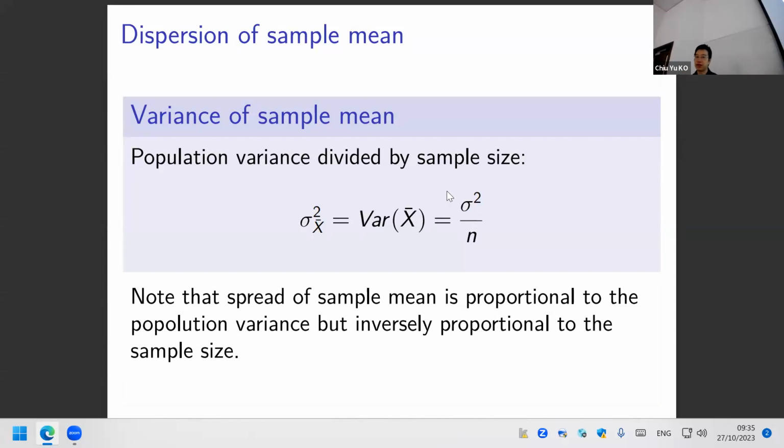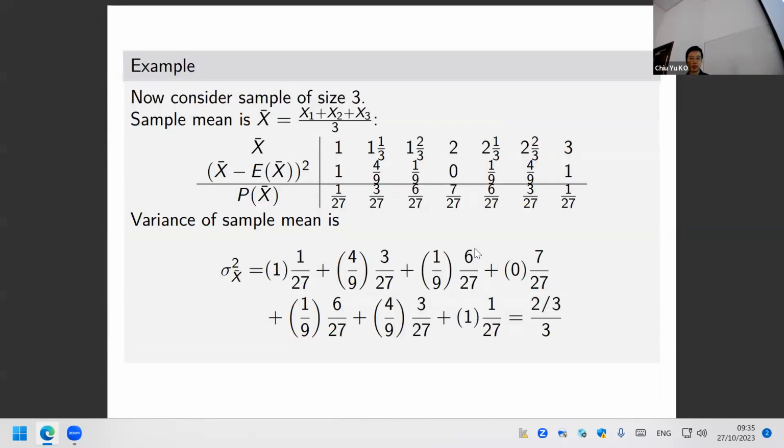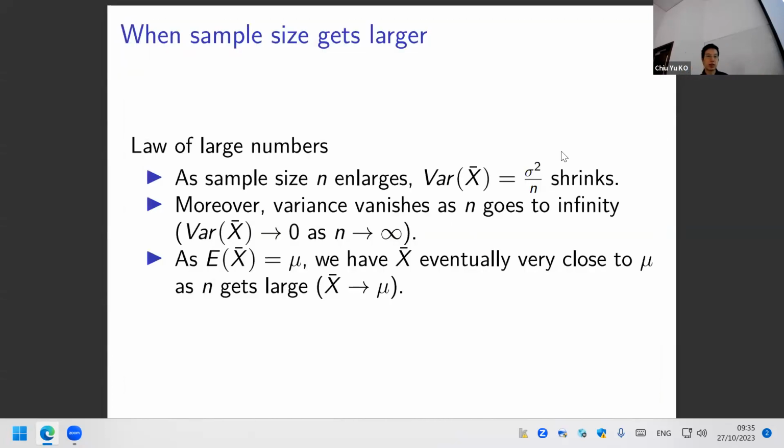And when n goes to infinity, there's no more variance. What the law of large numbers says is that when sample size gets very large, the sample mean will be very close to mu, and there's no more uncertainty there, right? It simply means that with a bigger sample, the sample mean will almost always be exactly at mu, or very close, okay?